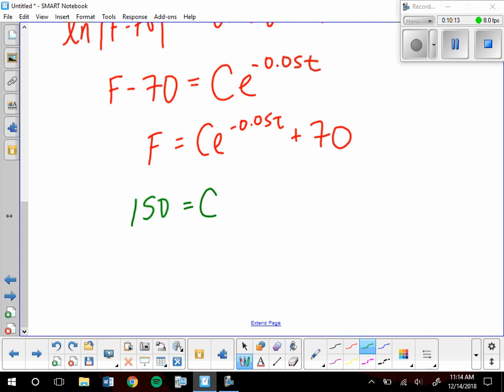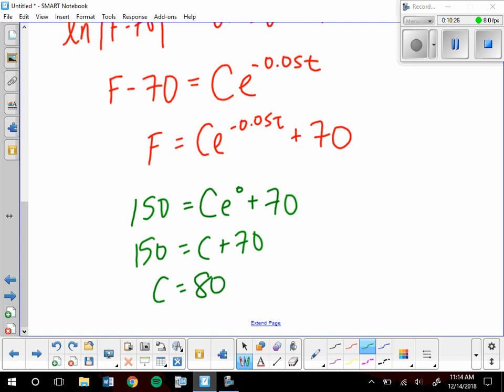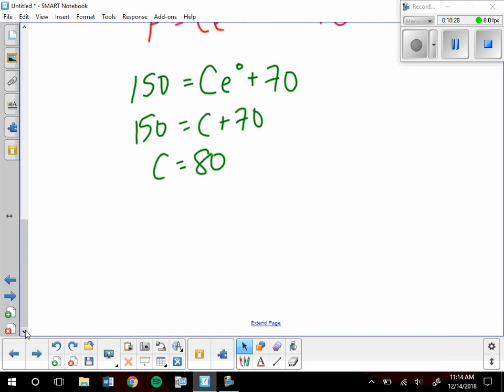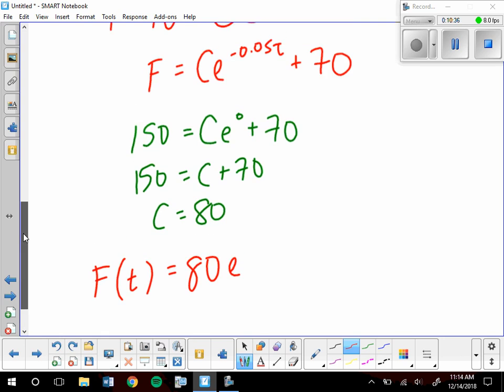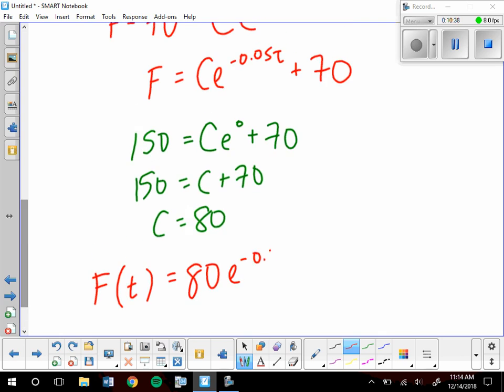So C e to the 0 plus 70. e to the 0 is 1. So C just equals 80. Meaning my complete function is 80 e to the negative 0.05 t plus 70.